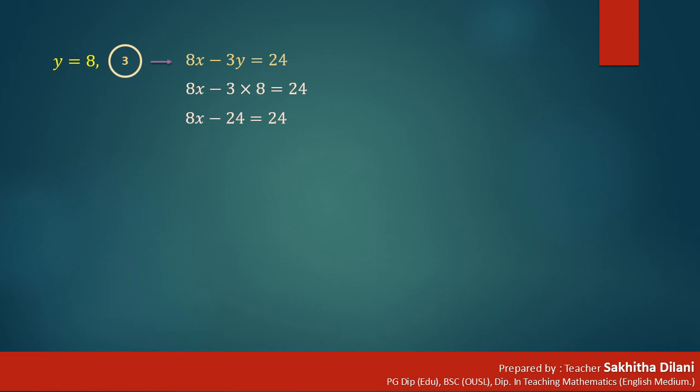Then 8x equals 24 plus 24, that is 48. So 8x equals 48. To make x the subject, divide both sides by 8. So the value is 6. Then the value of x is 6. So the solutions of these two equations are x equals 6 and y equals 8.